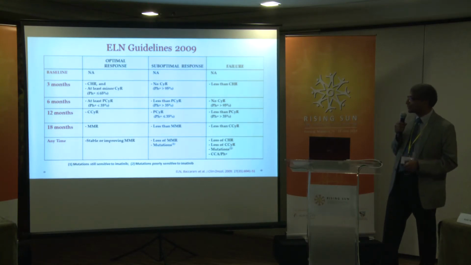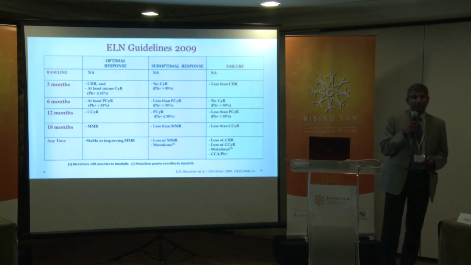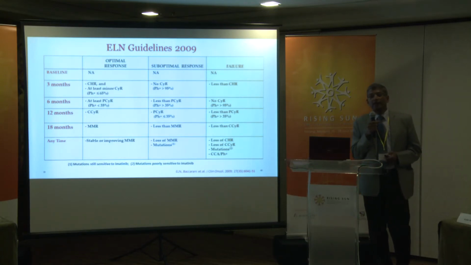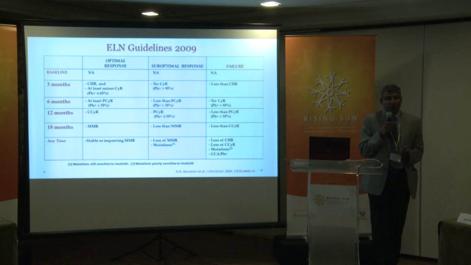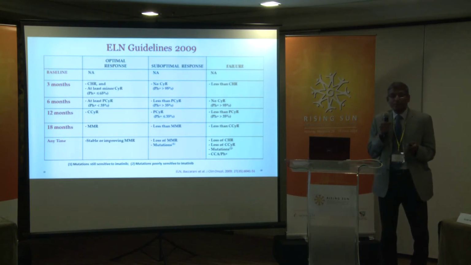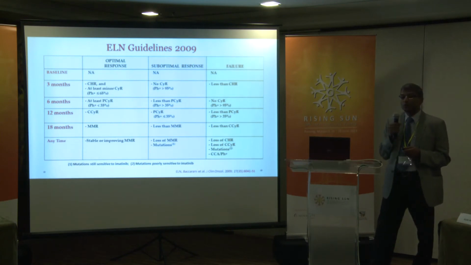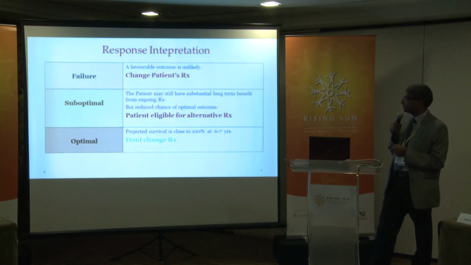And for those patients who came in between, they called it a suboptimal response, which was a vague entity wherein you did not know which way to go, whether to continue the medication or to stop it. So this was 2009, but it was the beginning of providing some sort of guideline for treating physicians as to which track to take in the treatment of a patient.